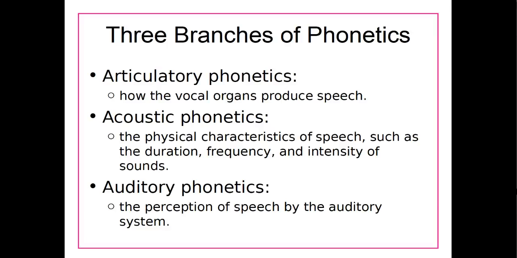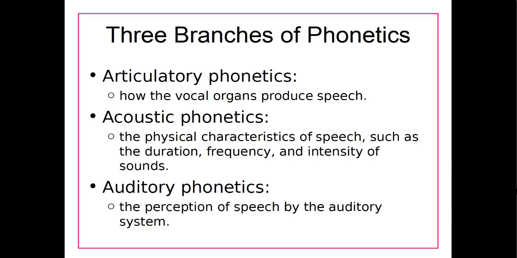But in acoustic phonetics, you're looking at things like actual frequency and the intensity of sounds. Basically, in acoustic phonetics, we're looking at a lot of numbers, for example, sound waves. So acoustic phonetics is basically looking at the numbers behind sound. Auditory phonetics is looking at the psychology behind sound.